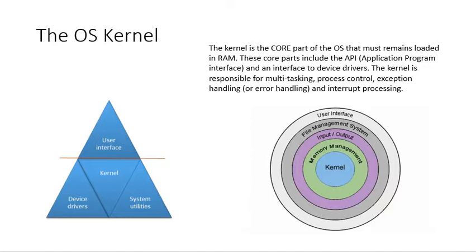So effectively everything else in RAM will be dumped except the kernel at some point. But the kernel is that core part of the operating system that won't be removed from RAM.